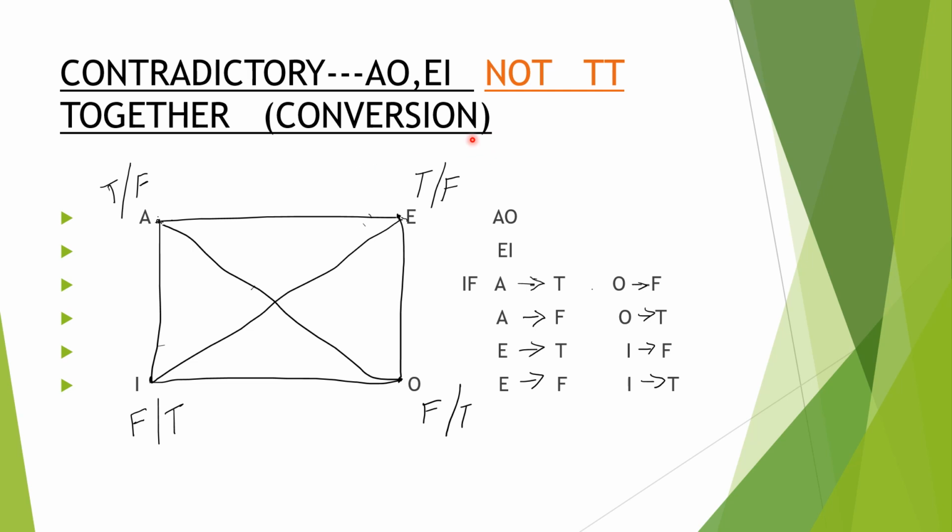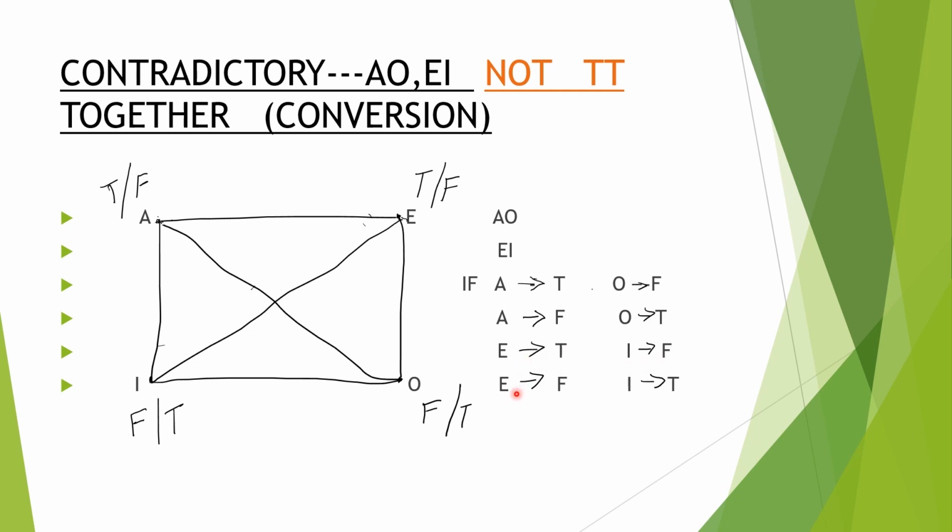So you must understand that A and O are contradictory, and E and I are contradictory. They never come true together. They are always opposite in nature. That is what I have written here. If A is true, then O is false. If A is false, then O is true. If E is true, then I is false.